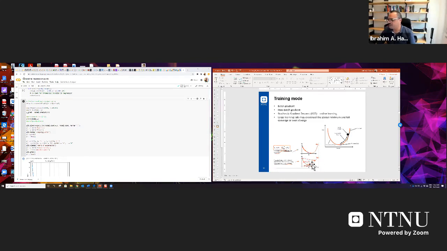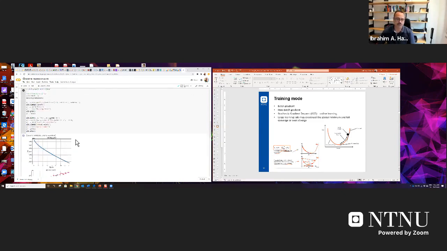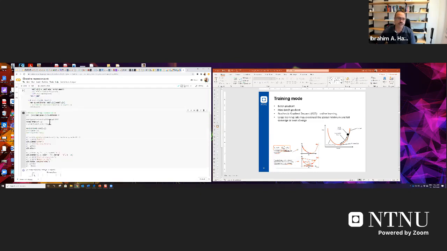When it's very small, it will take more epochs and will be slower. If we reduce it to a very, very small value, look, it's very slow. In this case we need lots of epochs, maybe 500.